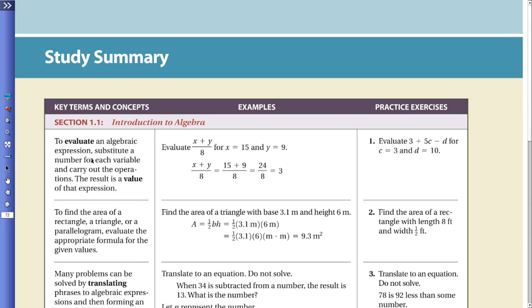Also we bring in this idea of a variable, so we can have a letter represent some value we don't know yet.